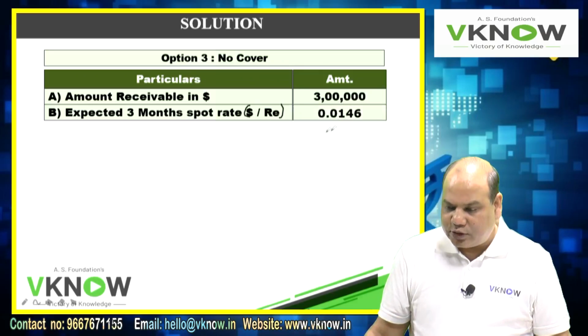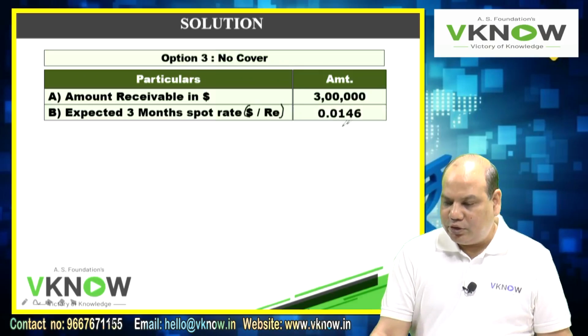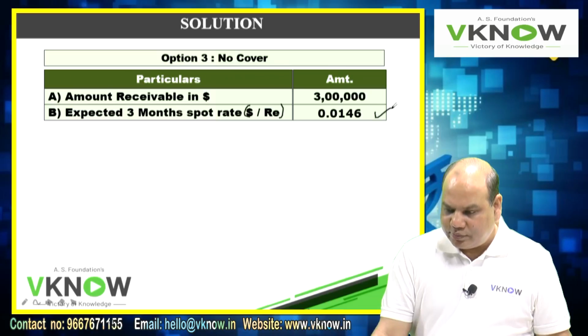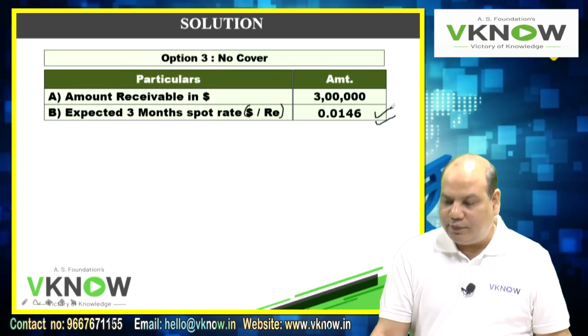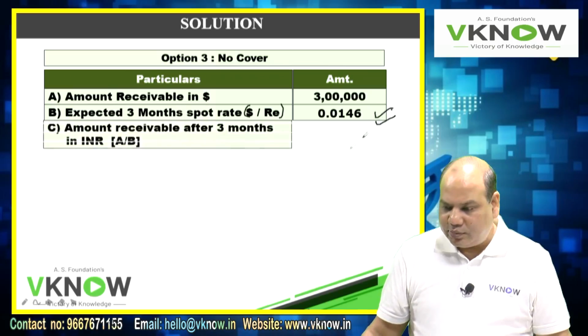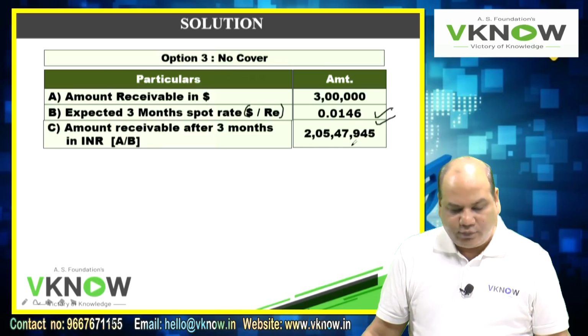Last 3-4 lines in the question. This number is required at two places: one for converting dollar into rupees under future contract, and then under no cover also, unless some other information is given. Amount receivable after 3 months, A by B, in rupees: 2,05,47,945.